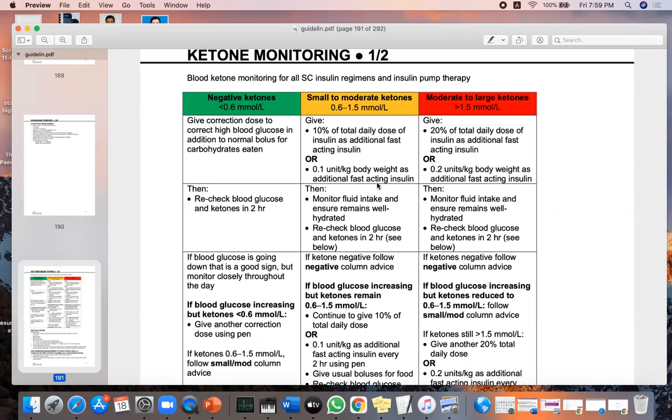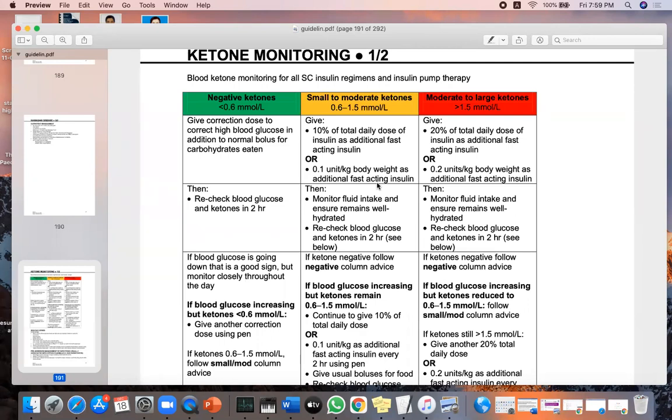Okay, so all these things come in exams as a scenario, like a 5-year-old child is a known case of type 1 diabetes mellitus, and you gave 10% of the total daily insulin as a correction, as a sick day dose, but the patient developed vomiting. Ketone level is increasing, like more than 1.5, and the patient is drowsy. What will you do?